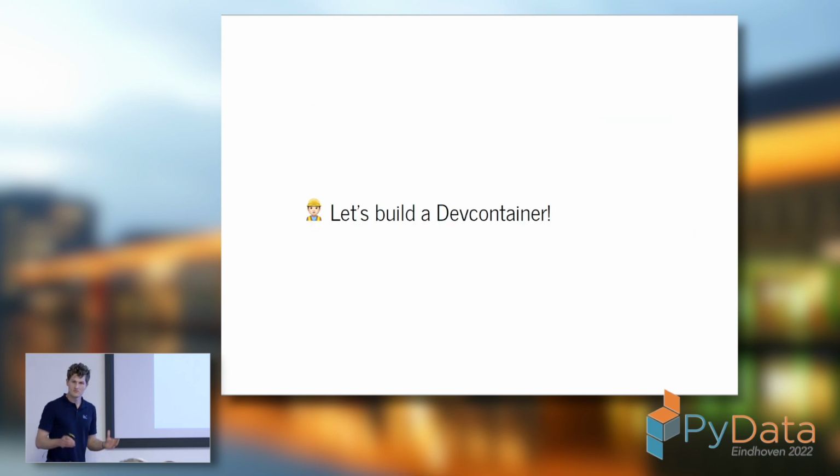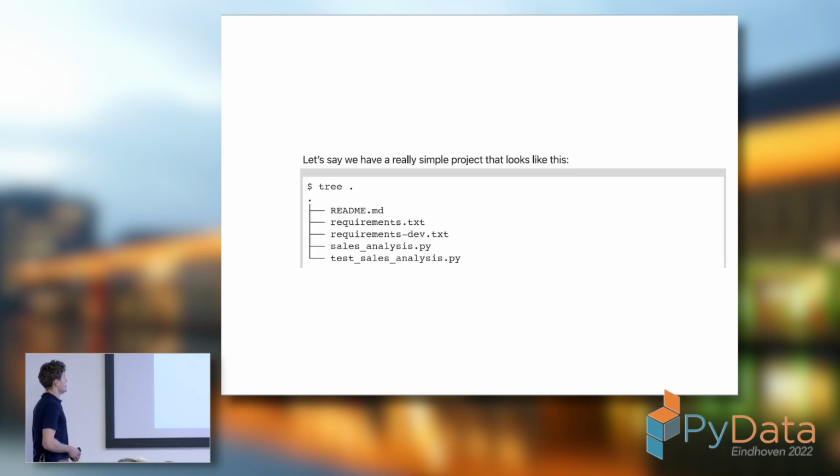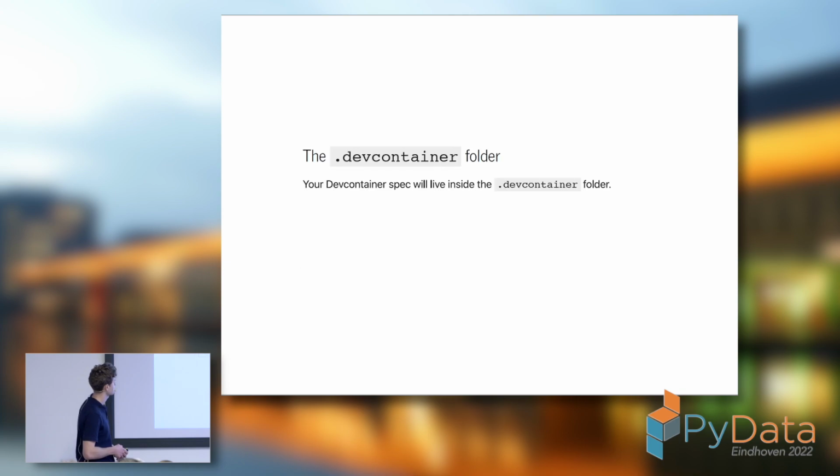All right, so that said, let's see how we actually build one. For this application that I previously mentioned, for which we need PySpark running in a Python environment, we have this project set up, which is just 2 Python files, a test file, and then 2 files explaining the requirements for our project. Very, very simple.